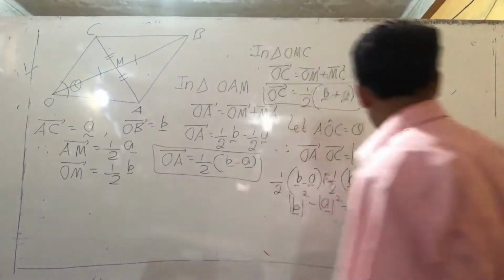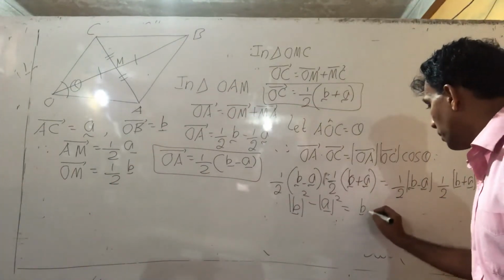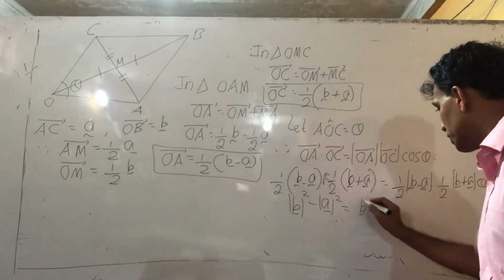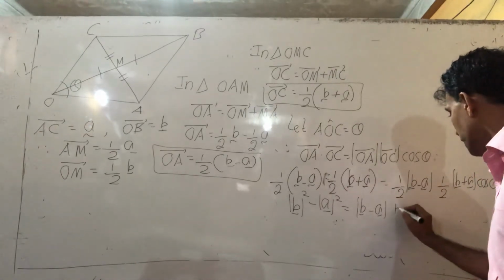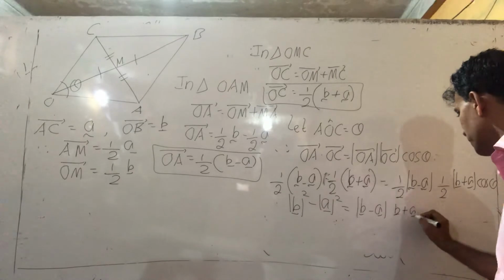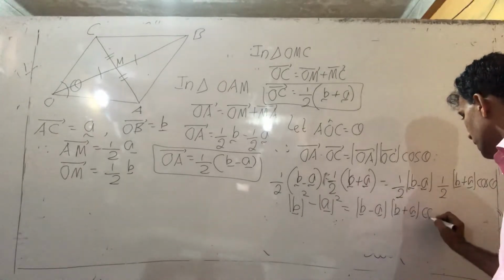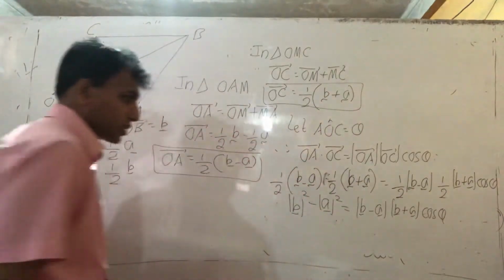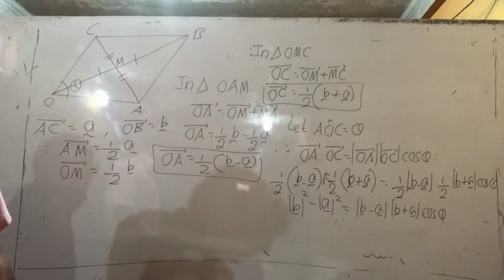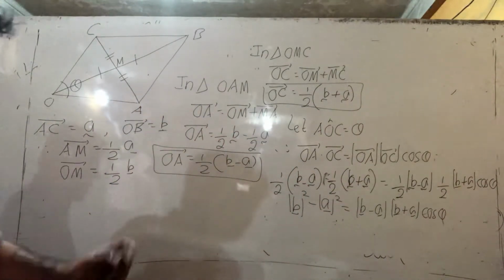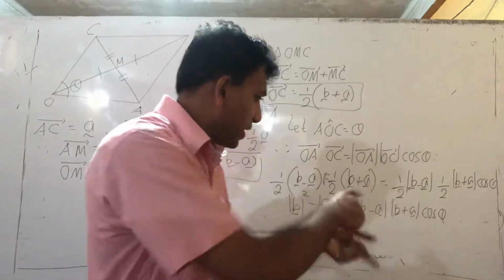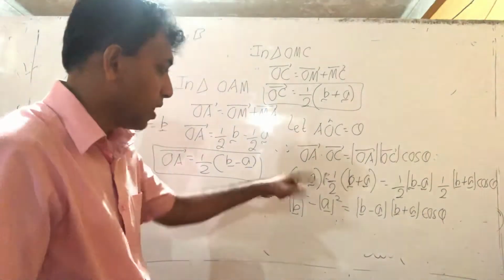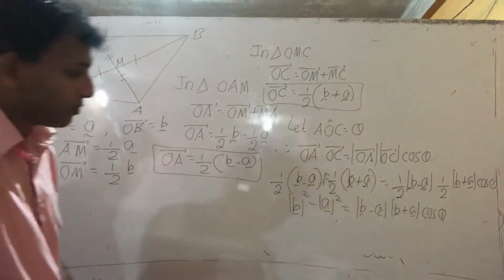equal to, what is B minus A modulus, and can I say B plus A or A plus B, no matter, into cos theta. Therefore, make cos theta the subject, divide by those B minus A. Inside the mod, no problem, A plus B, A minus B, no matter inside the modulus. Therefore, theta equal cos inverse.